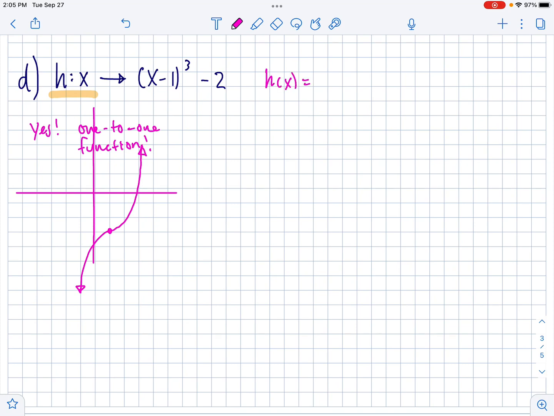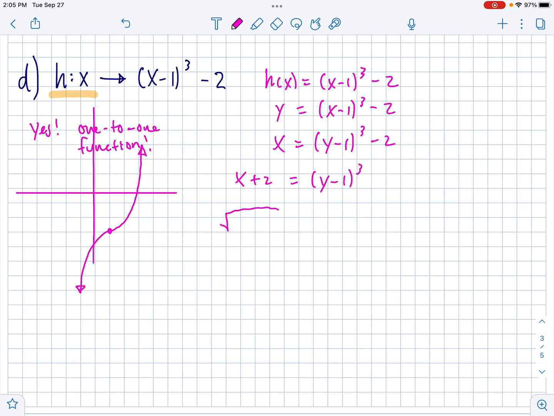So if you write it as h of x equals x minus 1 cubed minus 2, then you make this y, and then switch your x and your y, and get y by itself. We're going to start by adding 2 to both sides. Now, to undo a cube, I have to do a cube root. Where this will be x plus 2, but then in this little cradle, I have to put a little 3 to denote that that is a cube root.